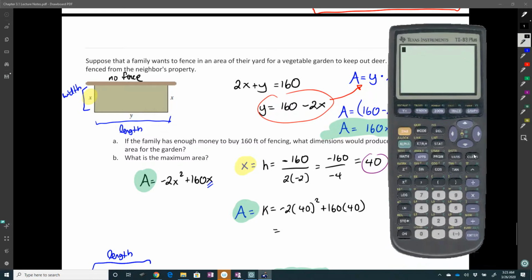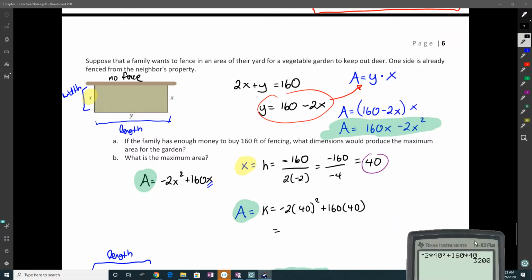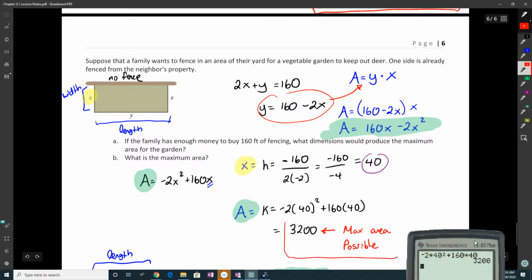I can just type that in my calculator: 3,200. So this is, again, the maximum area. And what are the units? Feet squared.